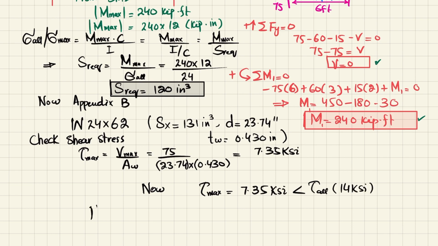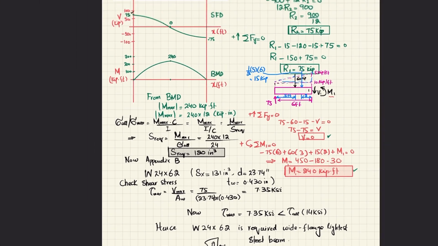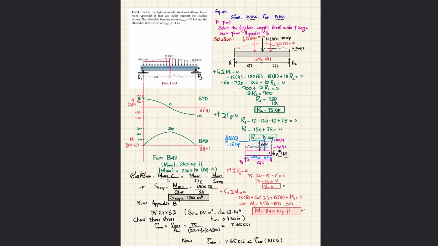So hence the conclusion is that W24 by 62 is the required lightest wide flange steel beam, and that is your answer. And this was all about this problem 11-14.